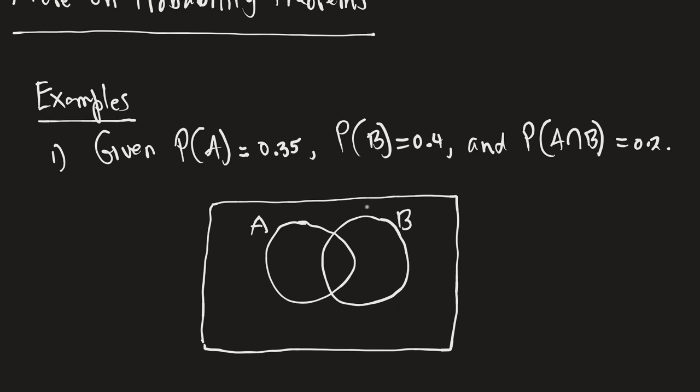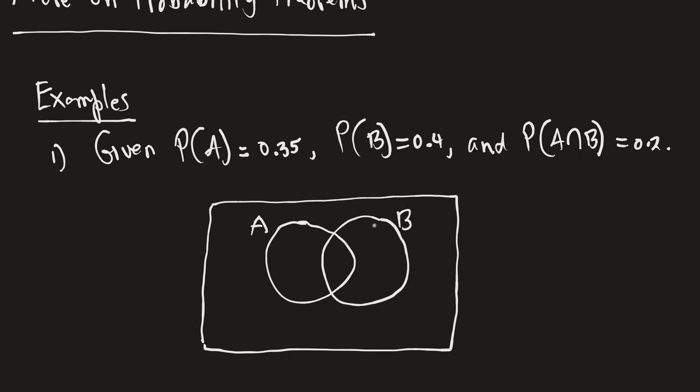Once you do that, pretty much any question I could ask you, any combination of these events or their complements, you could just look at the Venn diagram and identify the correct value or values. Okay, so let's see how it goes.